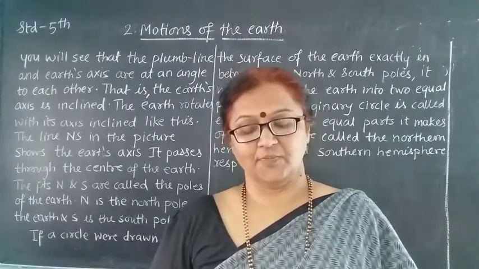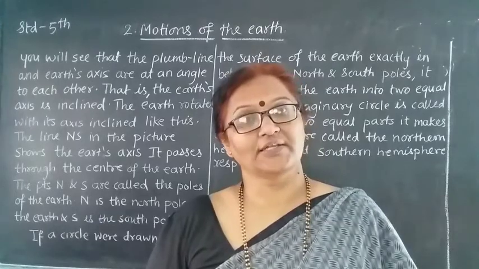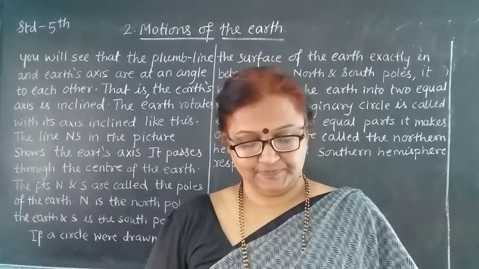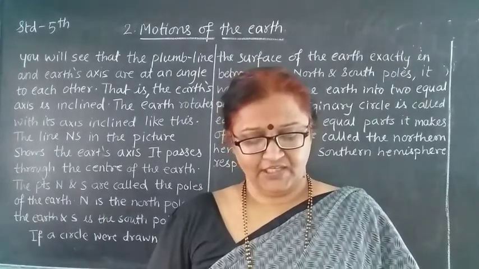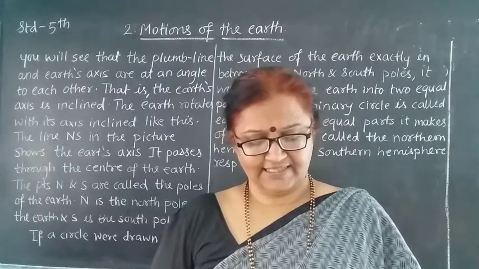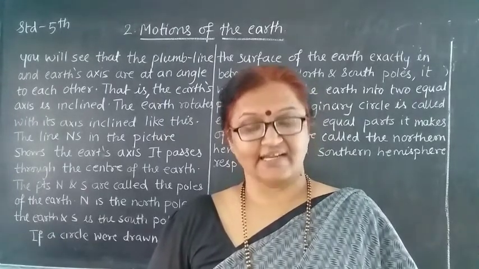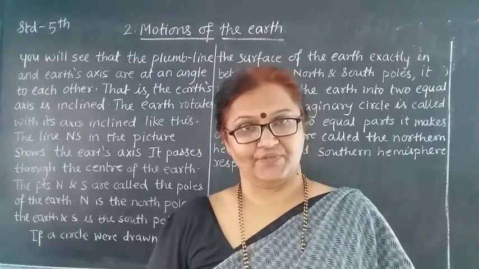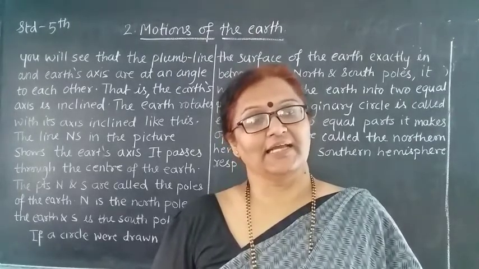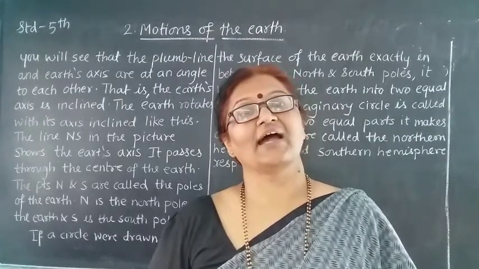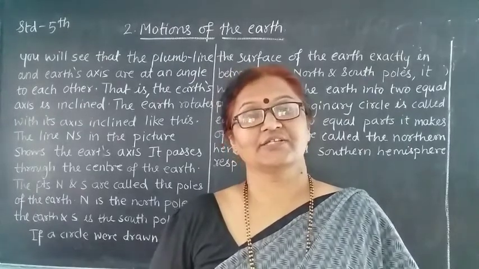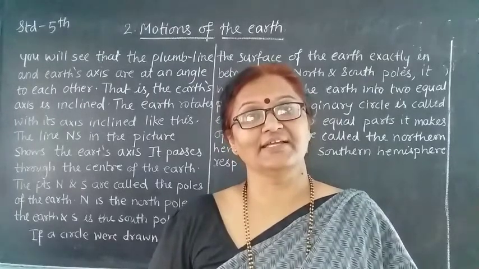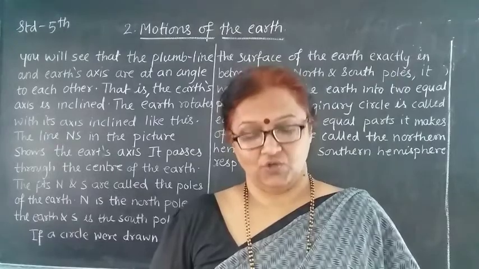If you can't get a plumb line, tie a long thread to an eraser and make one, and hold it near the globe.